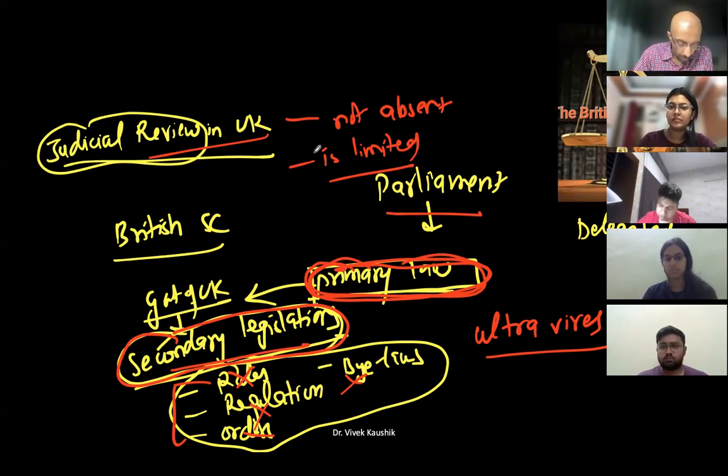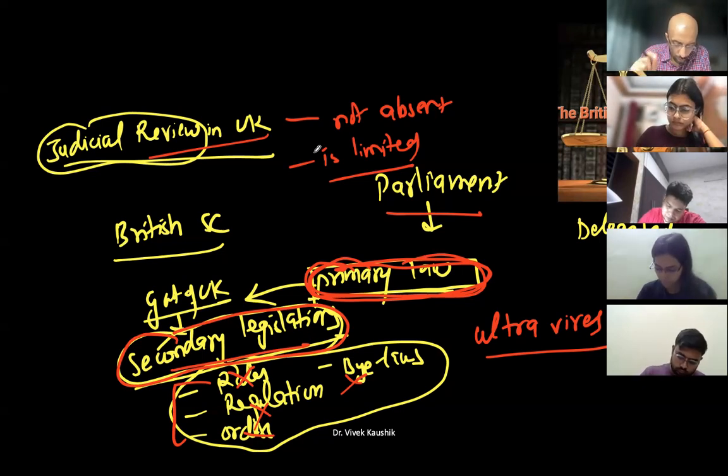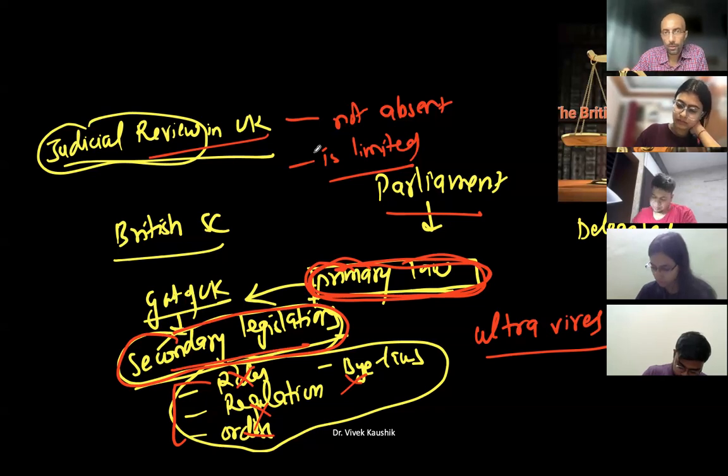So, judicial review can be a powerful tool through which British citizens ensure that ministers and other public officials are not abusing their power.